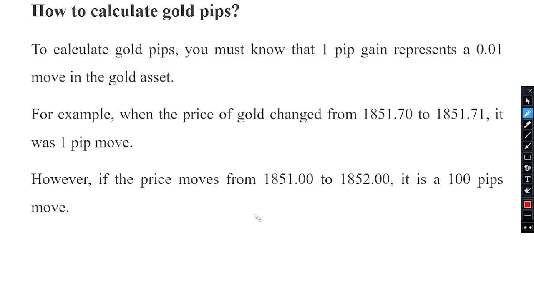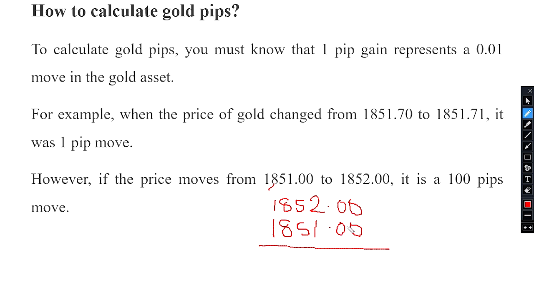How is it a 100 pips move? Let's see. So quickly, I'm going to say 1852.00. I'm going to subtract this one, 1851.00. So this is 00. I'm going to put the 0 there, and I have my dot here.